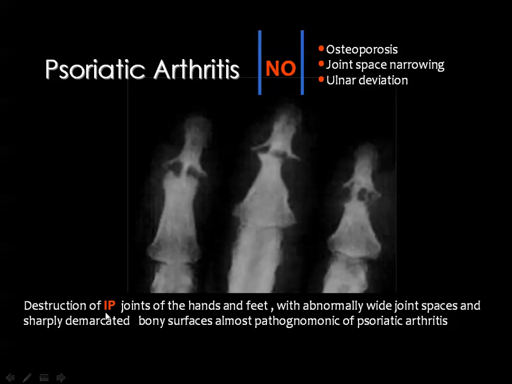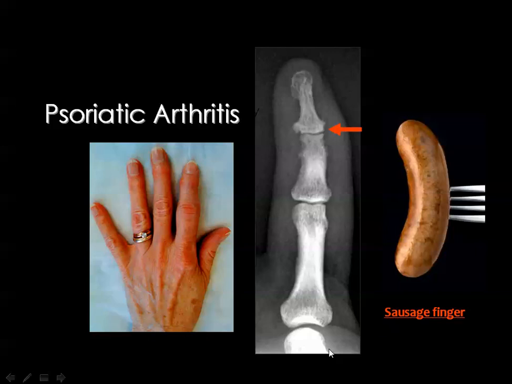In cases of psoriatic arthritis, there is no osteoporosis. In rheumatoid, you know, osteoporosis is a well-known manifestation early in the disease and also late in the disease. There is no joint space narrowing because of this deformity, and also there is no ulnar deviation as seen in cases of rheumatoid arthritis.